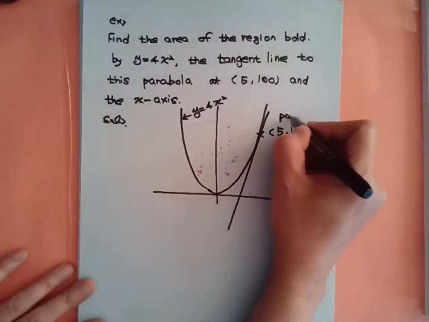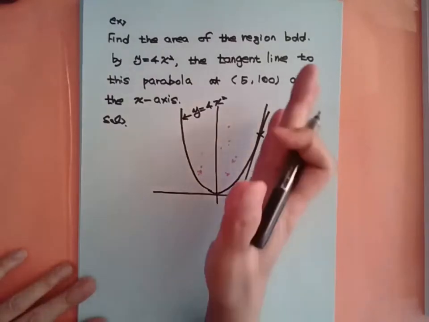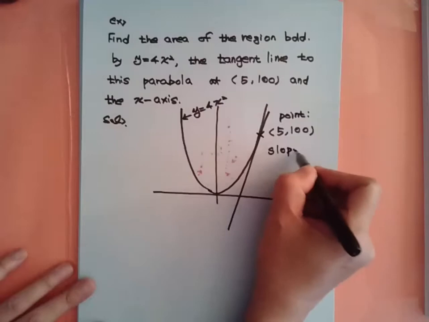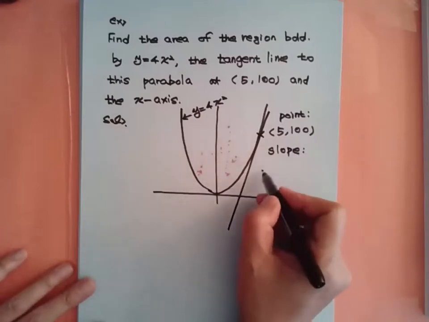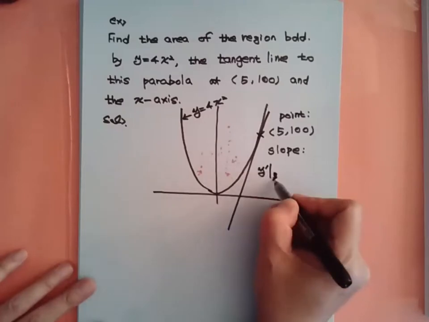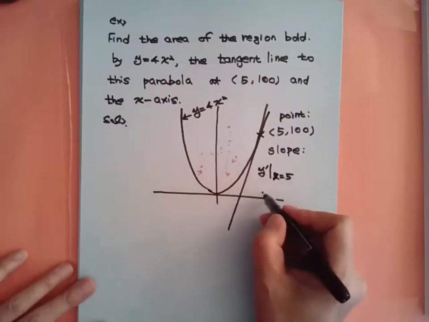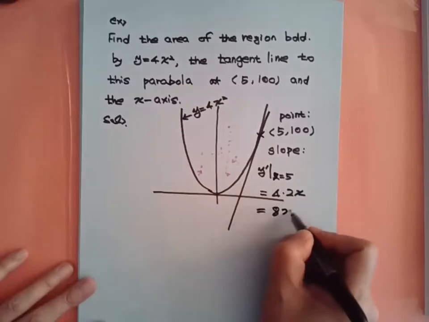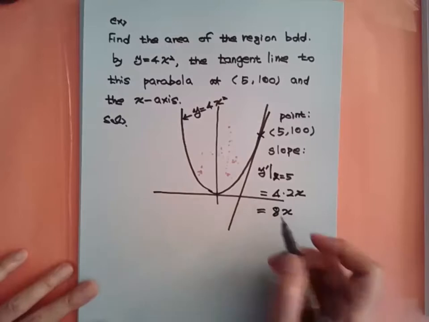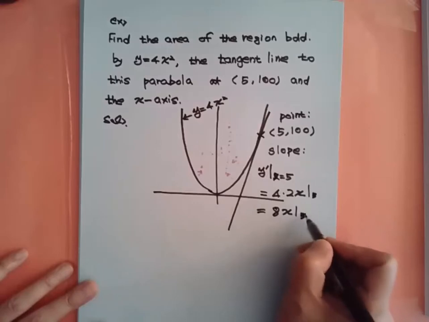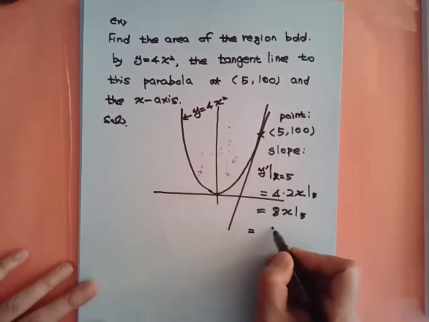This is the point this straight line passes, and we have to know the slope of the straight line. The slope of the straight line is the derivative at x equals 5. So that is 4 times 2x equals 8x at 5. Then that is 40. So this is the slope of this line.